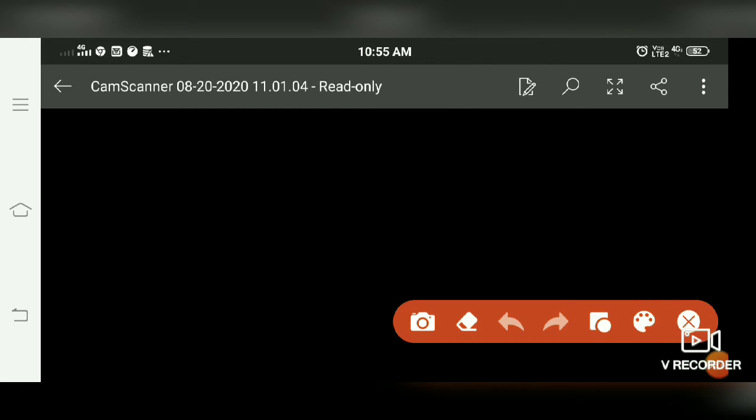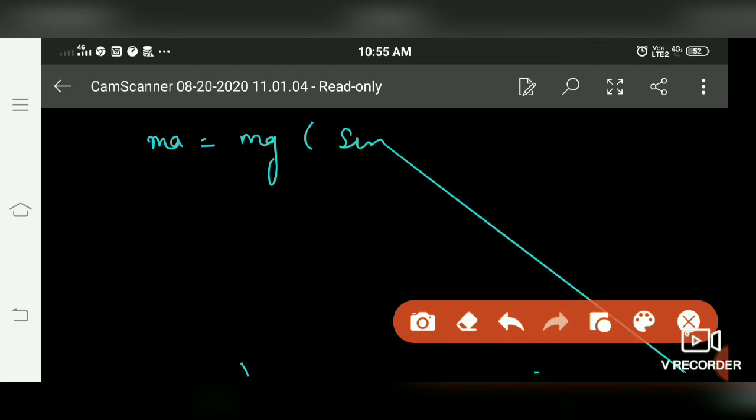We will get ma equals to mg times sin alpha plus mu cos alpha. m gets cancelled with m.